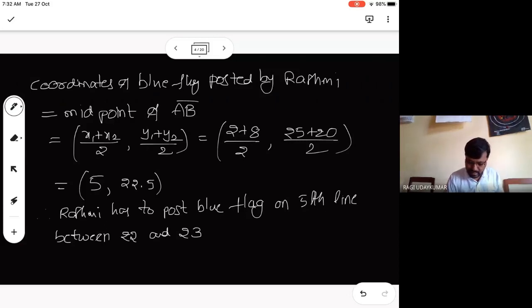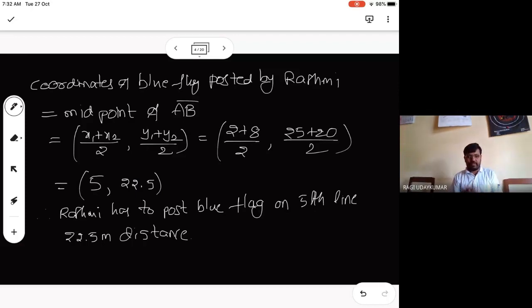You can write here simply: fifth line, 22.5 meters distance on the y-axis. You understood the question, right?